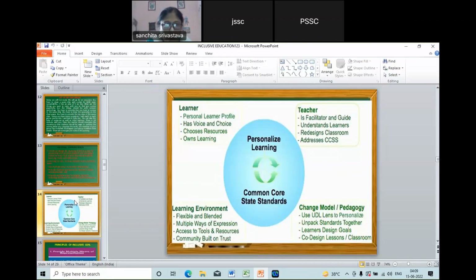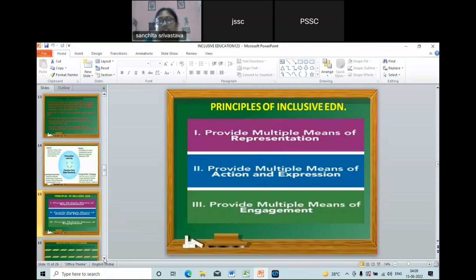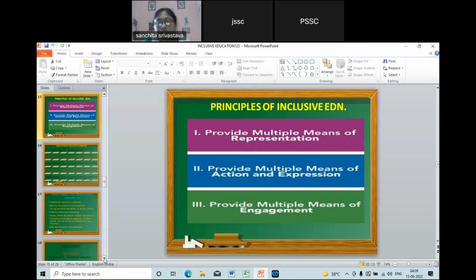Okay. Now here, these are some principles in inclusive education. So what are the principles when we are taking a general class, but also a class that has a segregated background, where we have children from different areas, different disabilities along with the mainstream.